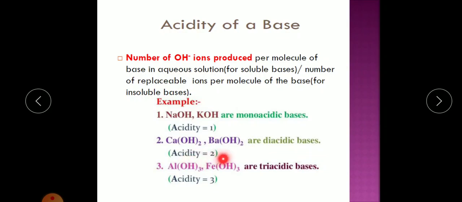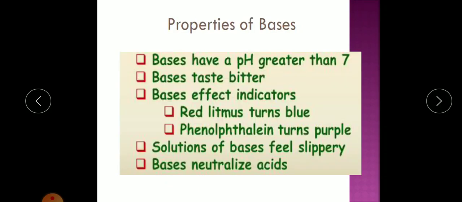So acidity is 2. Aluminum hydroxide and ferric hydroxide are called triacidic bases, because when added to water, they give three OH minus ions. So here the acidity is 3. So this is about acidity of a base, and we have seen its classification along with examples.